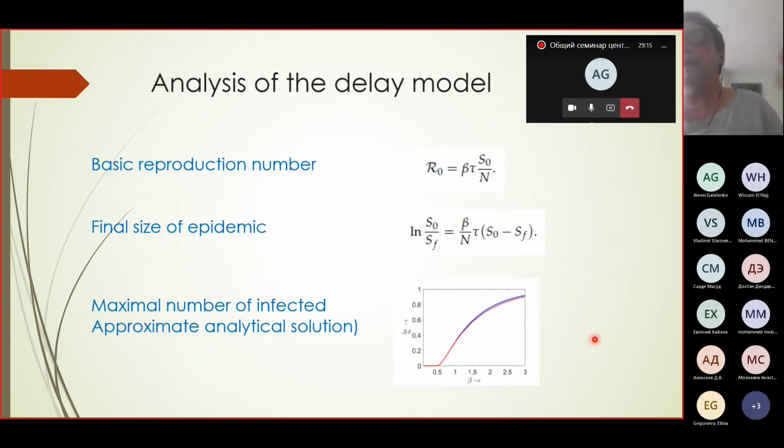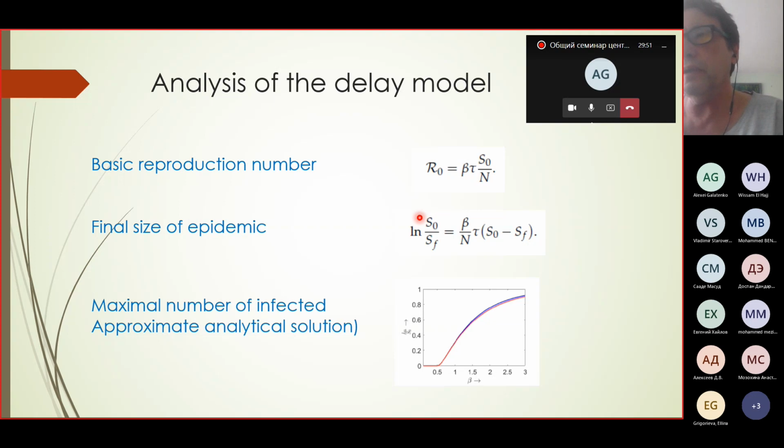I recalled very briefly in the beginning the analysis of the SIR model for the basic reproduction number and other characterizations. Similar analysis can be done for this delay model. Again, I will show it very briefly, without the details. We can also determine the basic reproduction number, shown here, with the same beta, S0 and N, but now it depends on tau, the disease duration.